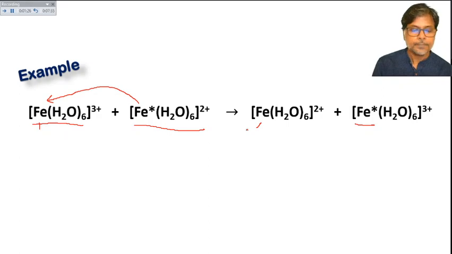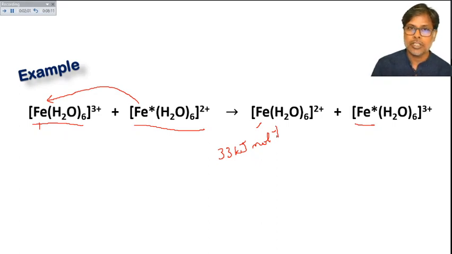Now, for such an electron transfer to take place, one may think that there is no need for input of energy, but it requires 33 kilojoules per mole for this reaction to happen. That is the activation energy that is required. But why do we need to input energy for this reaction?